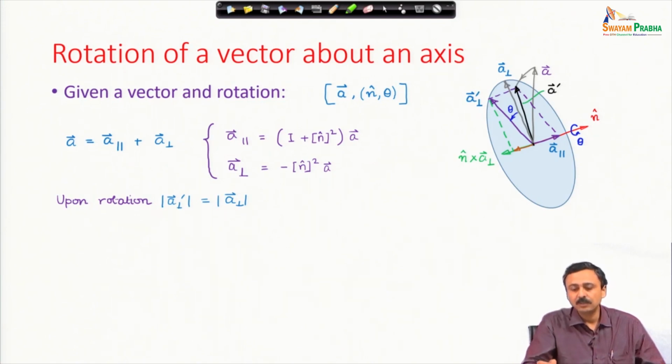How do I find something perpendicular to two vectors? I take the cross product of n cap and A perpendicular. Then I get this green vector, n cap cross A perpendicular. I am going to use unit vector directions along n cap cross A perpendicular and A perpendicular to represent A perpendicular prime. All of these three vectors are in this plane, the blue plane.